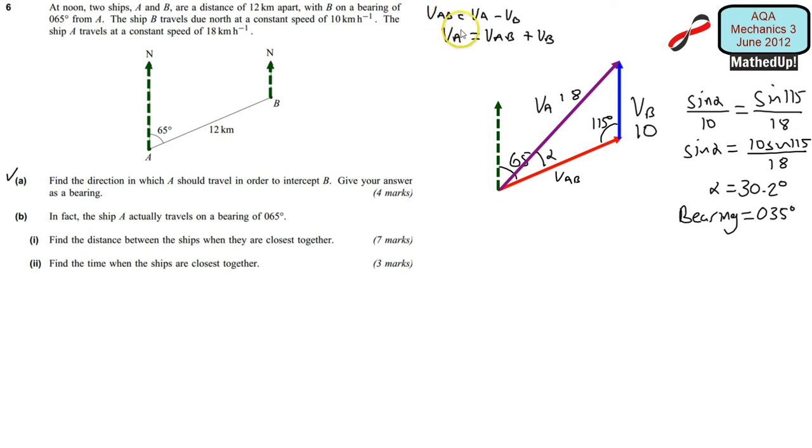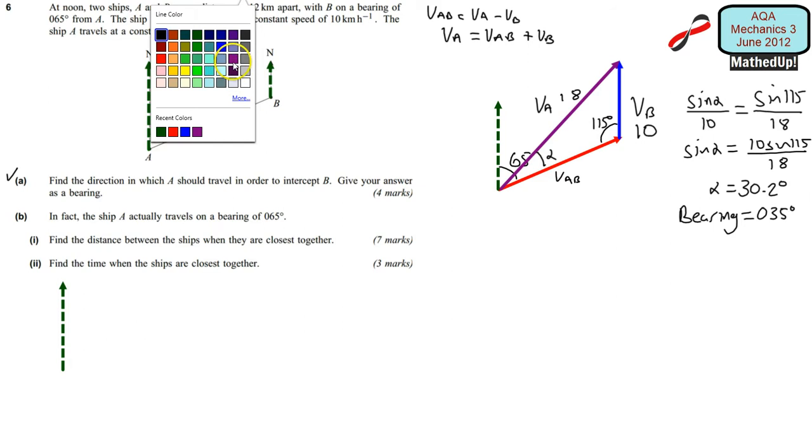We're going to use this top formula over here because my velocity of A relative to B is my unknown now, and that's equal to the velocity of A take away the velocity of B. The velocity of A we now know is going on a bearing of 65 degrees. So let's borrow this north from here. Our velocity of A we did in purple before, so we'll do it in purple again.